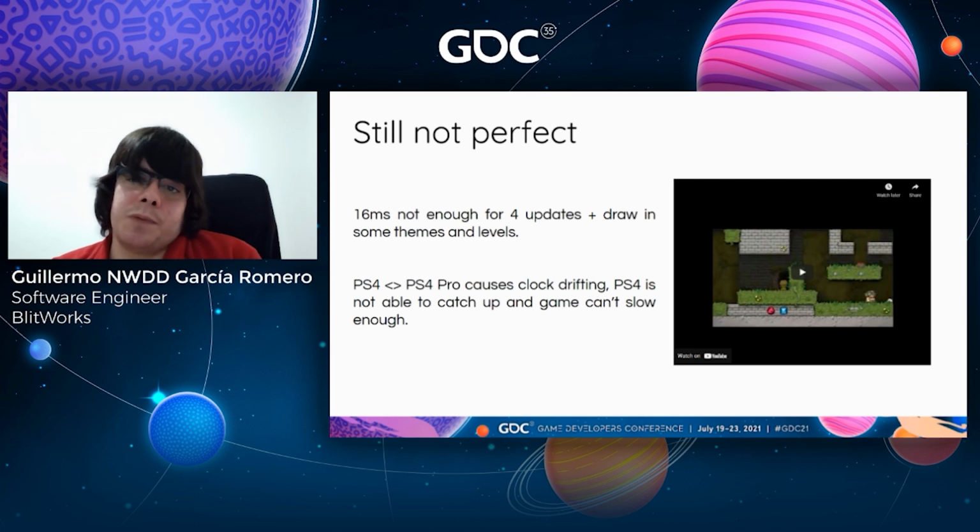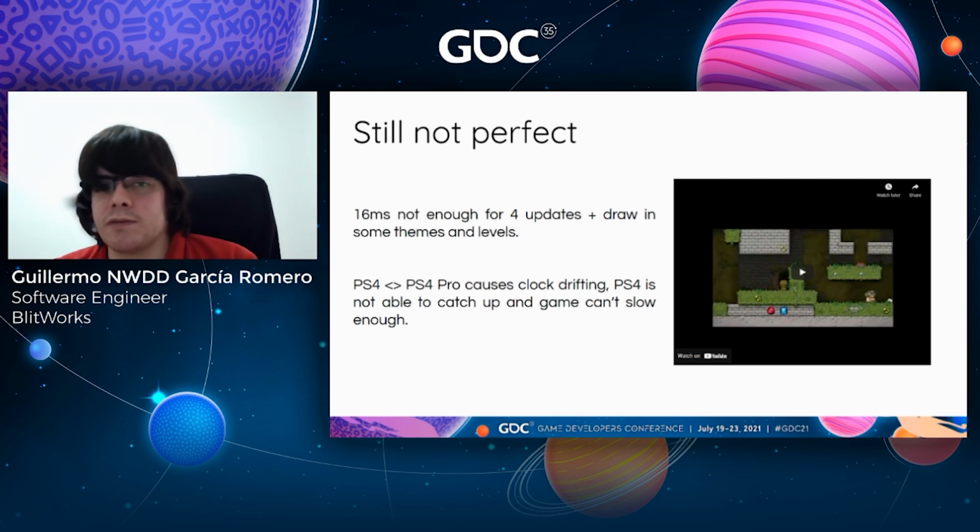Fortunately, a lot of people were playing on PS4, so it wasn't that bad for a big portion of our player base. But the problem was that a lot of friends were playing using different PS4 systems. So for them, all games would at some point, if they reached a deep enough portion of the game, be fully unplayable.